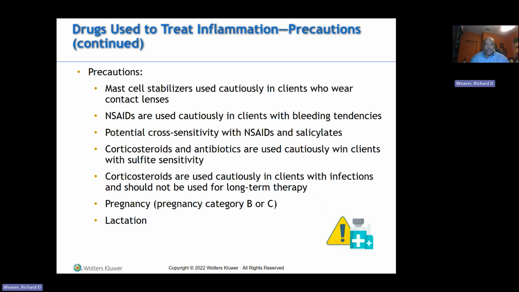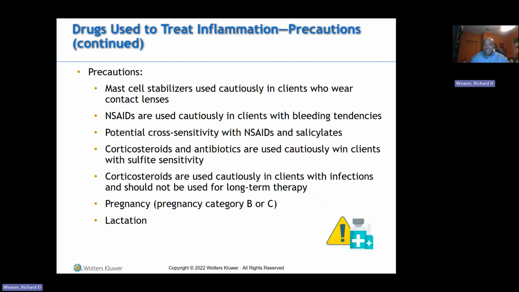Now, these drugs are contraindicated in patients with hypersensitivity to the drug or any component of the drug. Now, the mast cell stabilizers are used cautiously in clients who wear contact lenses.